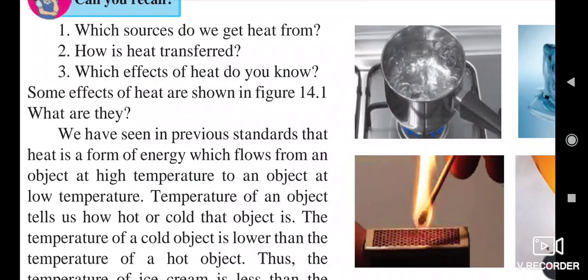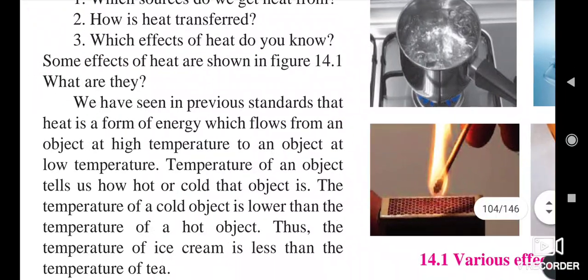We have seen in the previous standard that heat is a form of energy which flows from an object at high temperature to an object at low temperature. The temperature of an object tells us how hot or cold that object is.